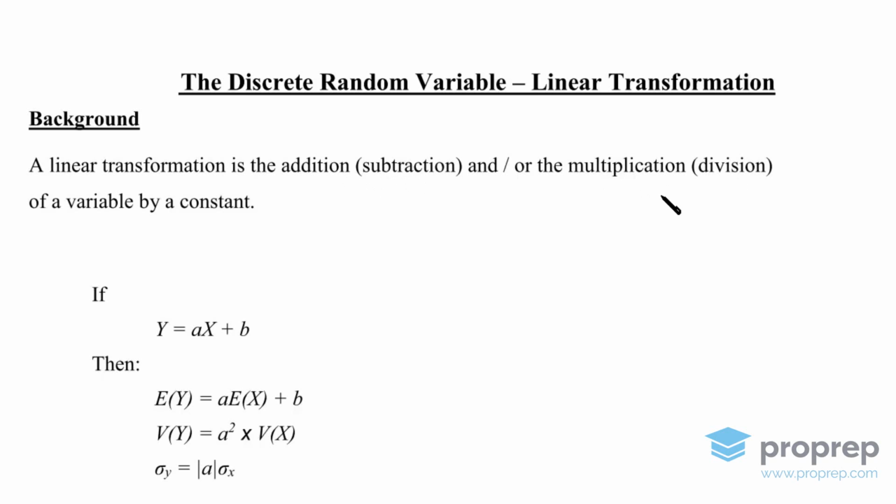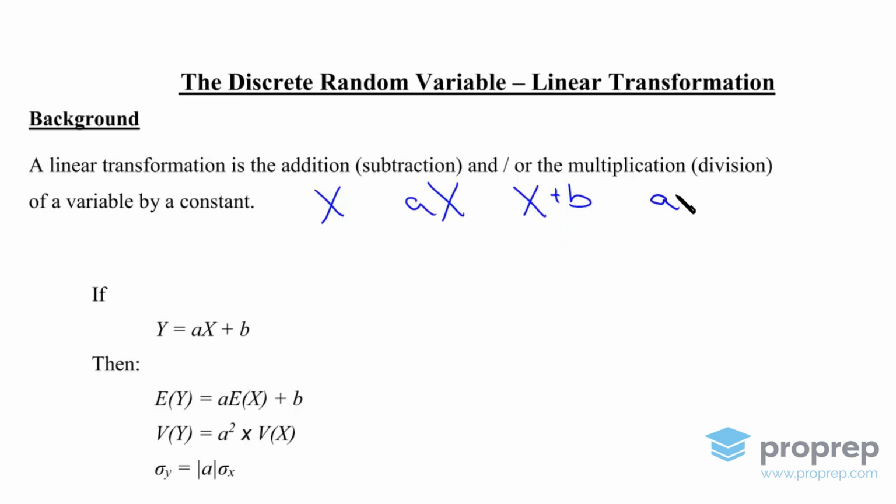So again, when we take a random variable, we either multiply it by a constant or we add a constant to it, we're basically doing a linear transformation. We have a random variable, let's call it x, and we can either multiply it by a constant, let's call the constant a, or we take x and add a constant to it, let's call the constant b, or we can do both at the same time.